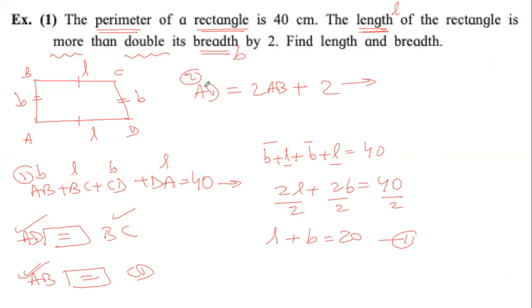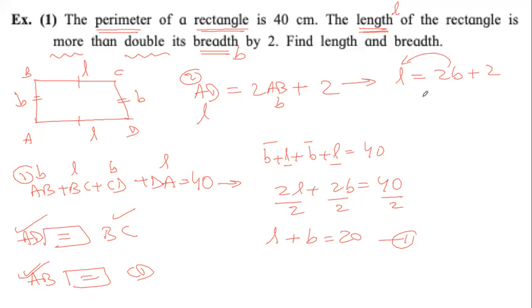Similarly, if you look at the second statement, we have AD equals 2AB plus 2. Just write the variables in the right place. Now, AD is L, AB is B. So this converts into L equals to 2B plus 2. Now we want to write the equations in a general form, the usual form, where all the variable terms should be on the left-hand side.